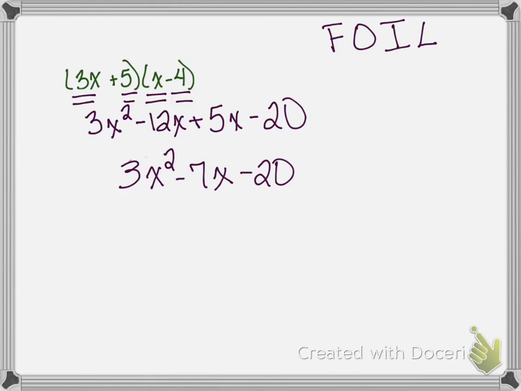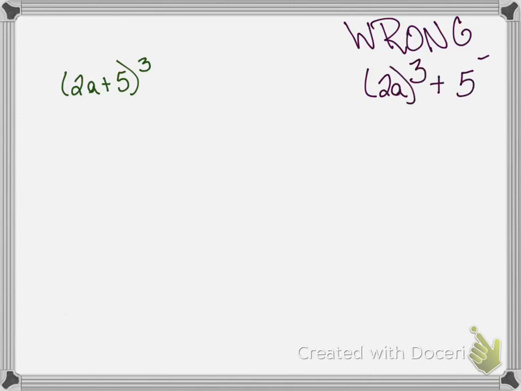Now, this one is a little bit more challenging because it's being raised to the third power. Now, one of the things that I want you to be aware of, an incredibly common mistake with this type of problem right here, and this is wrong, is students want to say 2a to the third plus 5 to the third.